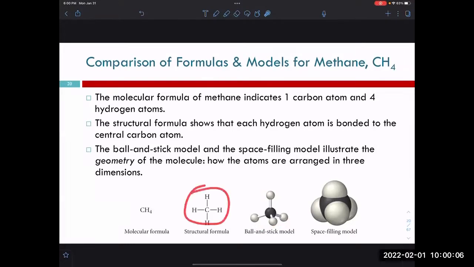So this isn't like a little cross. It's more like a tripod. There's 3 sticking out on the bottom with the little antenna coming up in the middle. And the space filling model fills out that space between those. Gives you the relative sizes too.